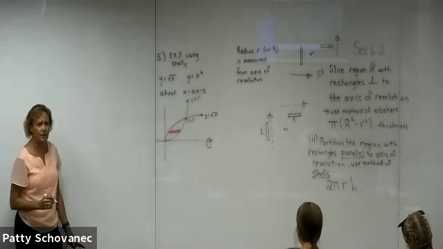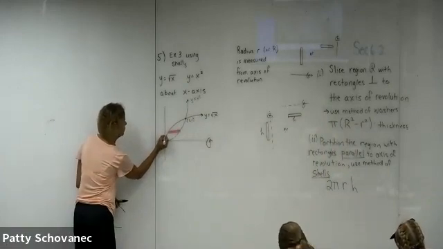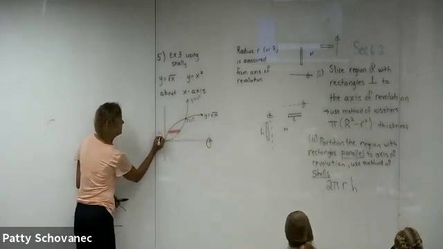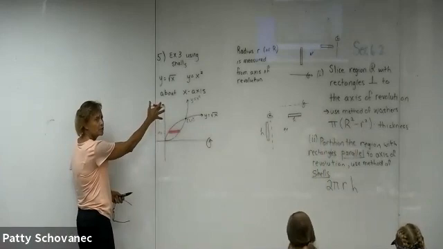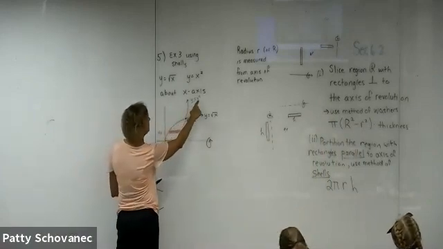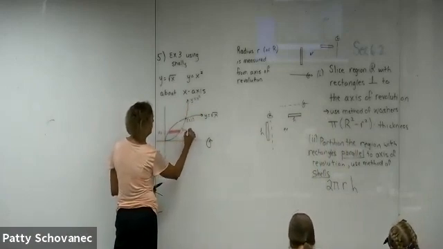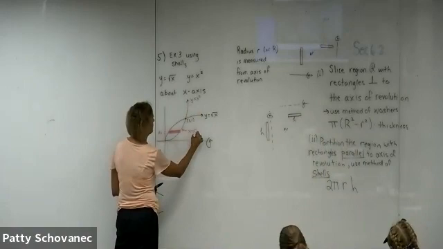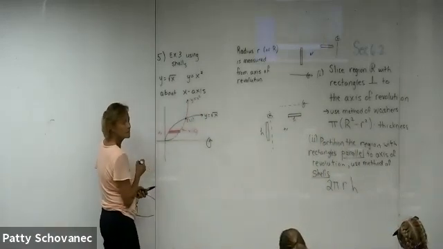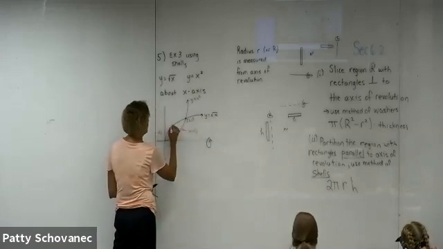It's a dy, right? I'm chopping up the y-axis. So that means I have to rewrite those equations so that they look like functions of y. If I rearrange this equation, then this graph is x equals the square root of y. Solve this equation for x and you get x equals y squared.